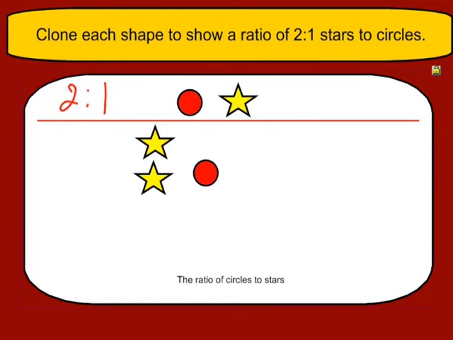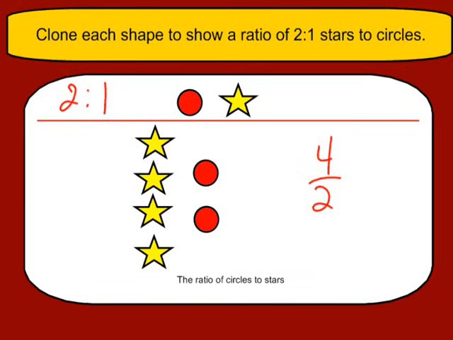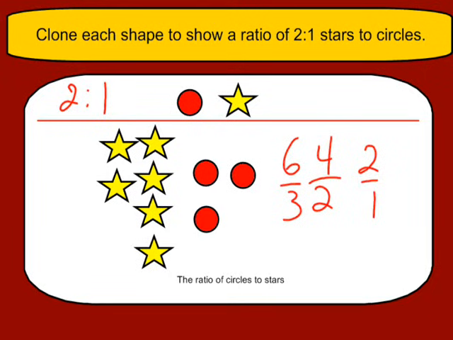There's actually an infinite amount of solutions for this, because another way I could represent 2 to 1, that's a 2 to 1 ratio. I have 4 stars for every 2 circles. Well, that simplifies to 2 to 1. I could also do 6 to 3. That's a ratio of 2 to 1.